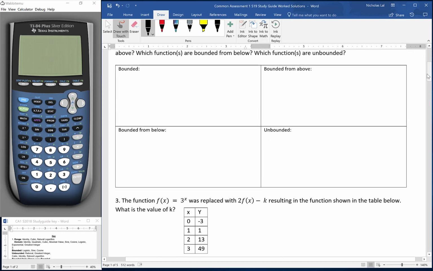Now looking at functions that are bounded. The functions bounded from both the top and the bottom are the logistic, sine, and cosine. The logistic function is bounded from both the top and the bottom.